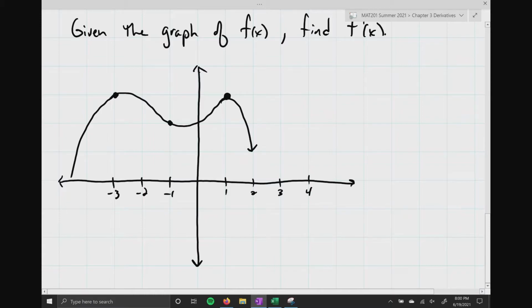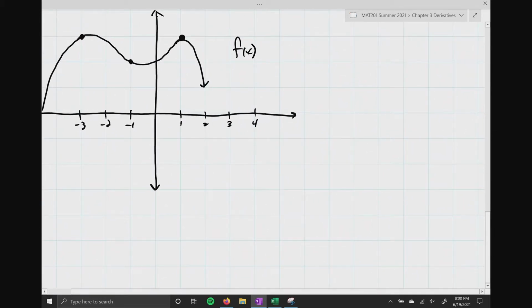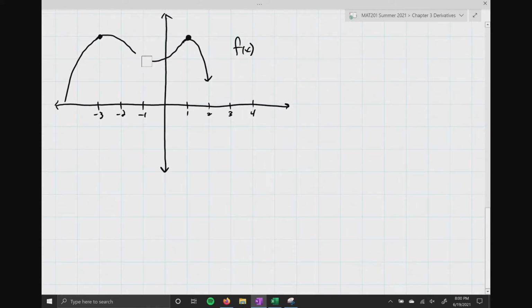And this is f of x. What we want to know is, all right, well, what's the derivative? What does the derivative look like? So there's a really easy way to do this. And it all comes down to, do you really understand what's happening at a derivative? So let me kind of exaggerate this a little bit more here. There we go. I like that a little bit more.